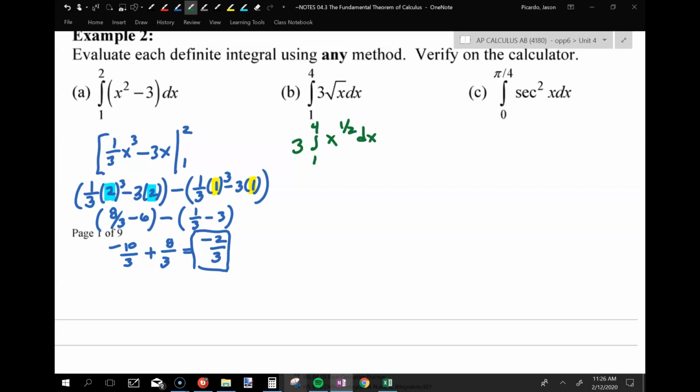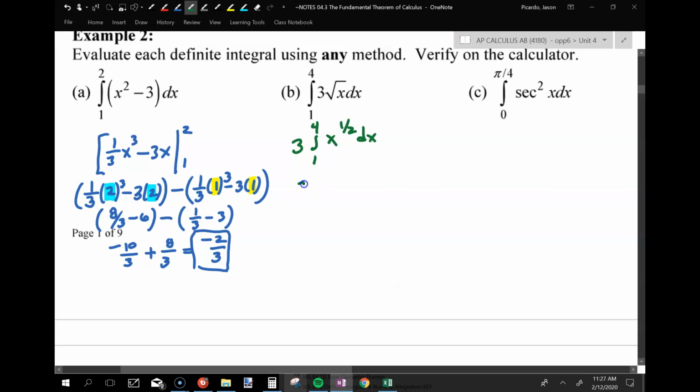What am I going to make the power? What's a 1/2 plus 1? 3/2, yeah. So 2 thirds in front because I don't want anything there right now. Good. Evaluating it from 4 to 1.